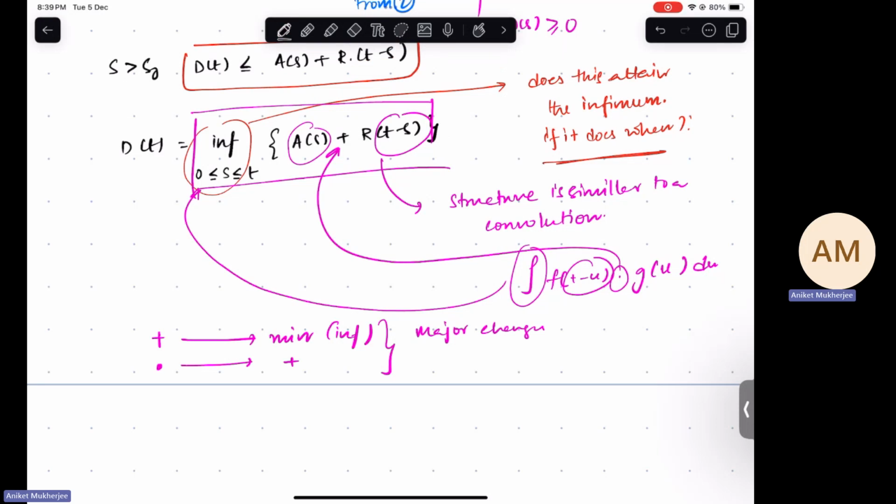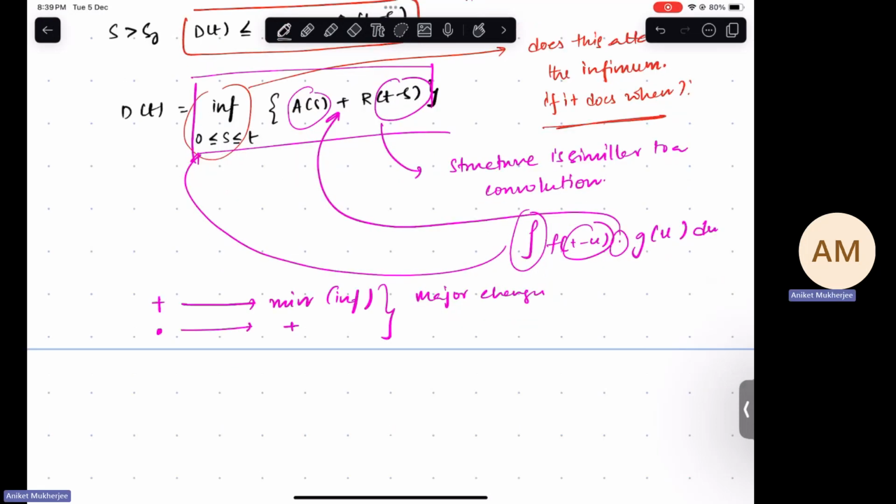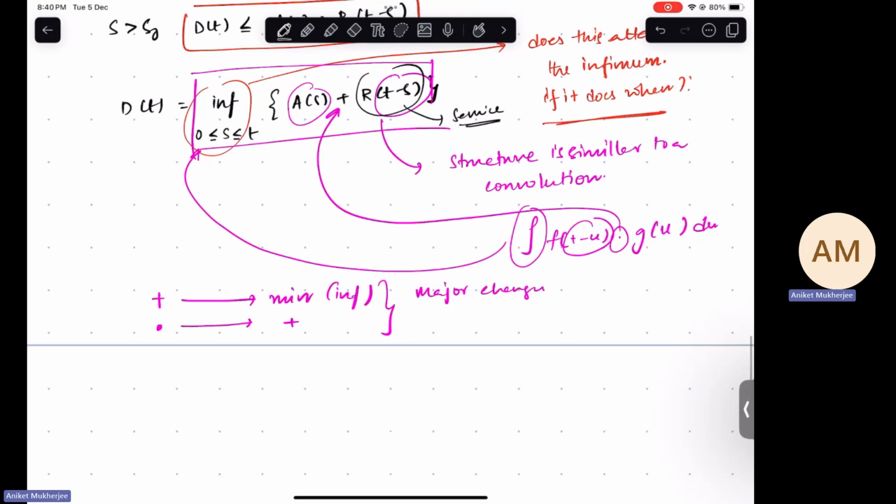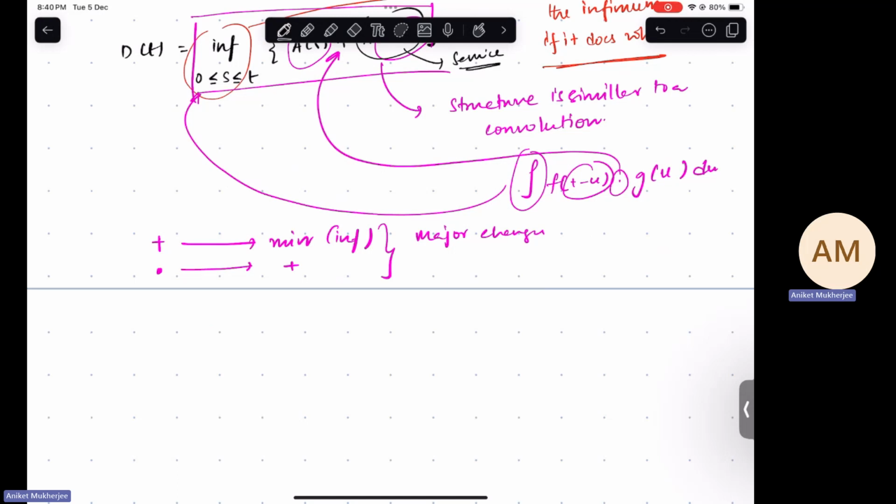But even then, does this convolution hold or not? So basically, we are talking of this as a service curve, for the constant rate service curve. So what we finally have is d(t) is equal to A convolved with beta, where beta is any service curve.